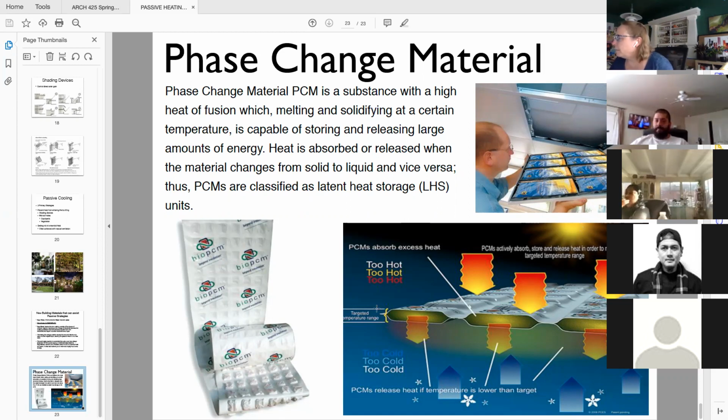The one thing about phase change materials is when they're manufactured, you have to select the material for your target design temperature, because that's the stable temperature that the interior of the product is going to be. So like 72 degrees.